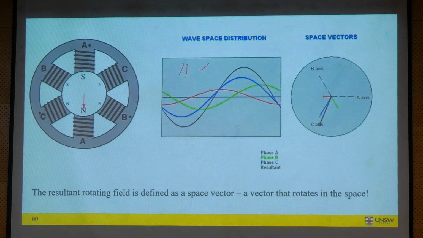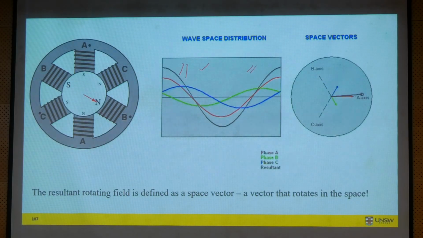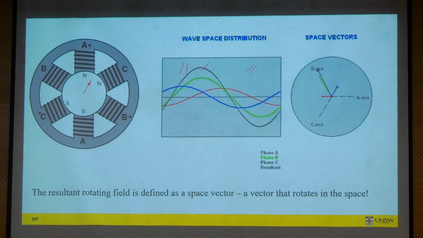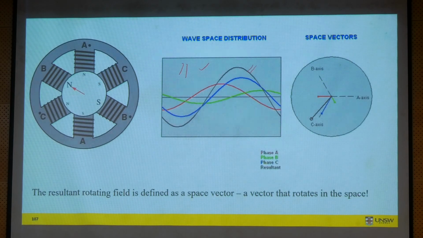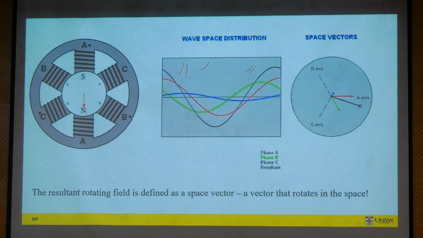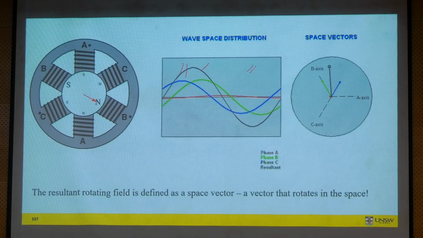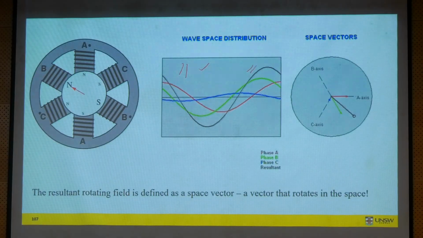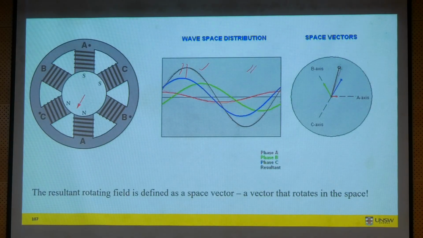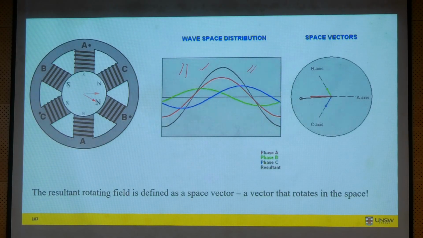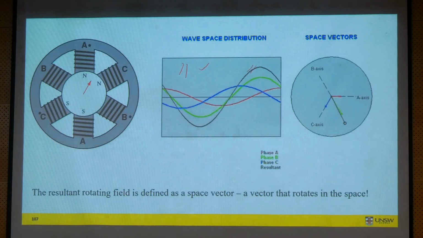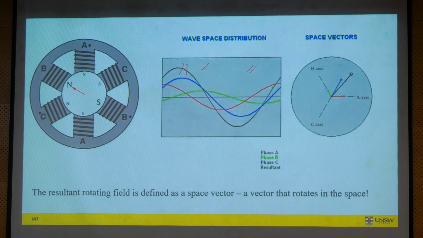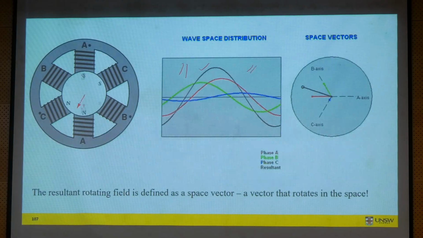And this resultant field we can represent as a vector. Okay, like any other sinusoidal quantities, this is also a sinusoidal quantity, but it is rotating. And this sinusoidal quantity we can express as a vector. And that's the space vector actually. Okay, it's not some alien concept.